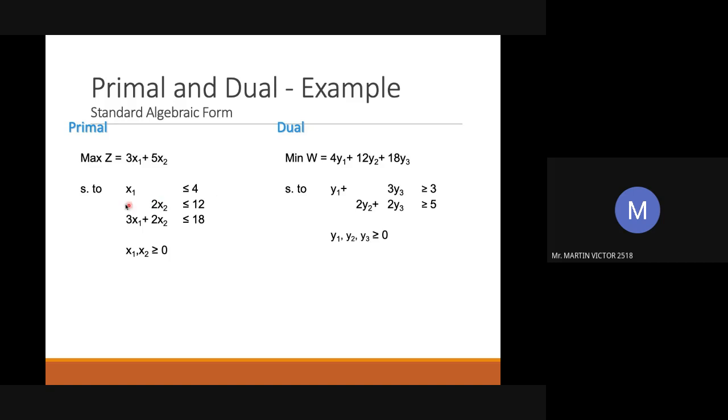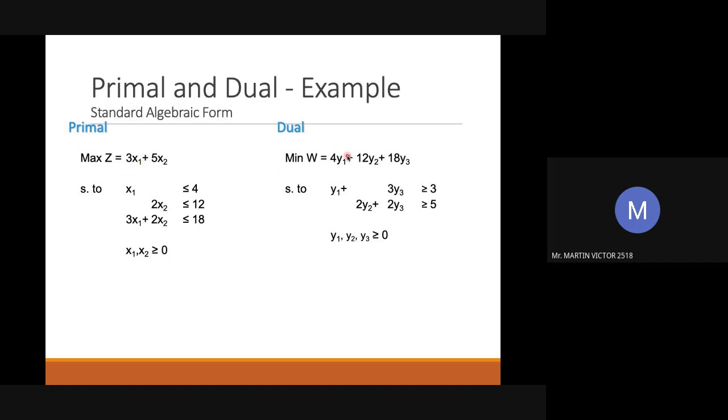Now please look into it. In our given problem, the resources, which are the right hand side of the constraints, are taken to the objective function here. So you will take 4 plus 12 plus 18. Those values have been taken to the objective function. More importantly, our variables have been converted from x into y.